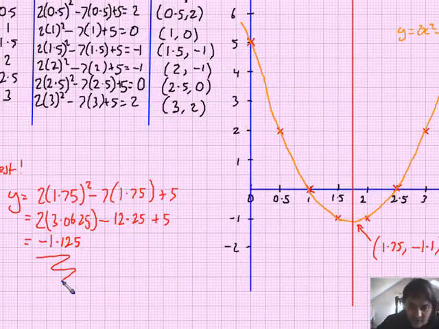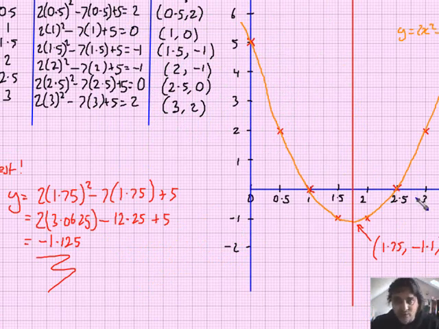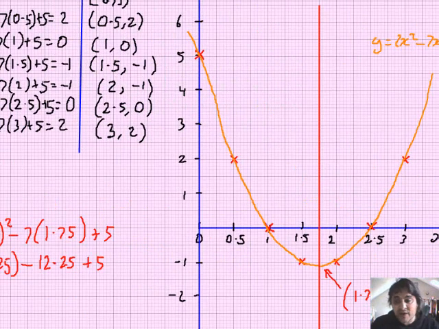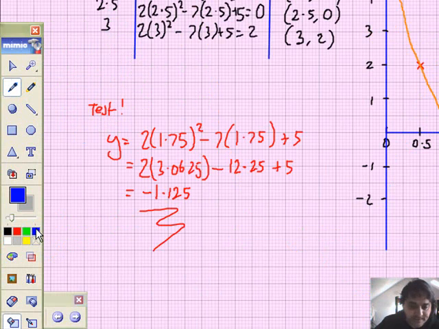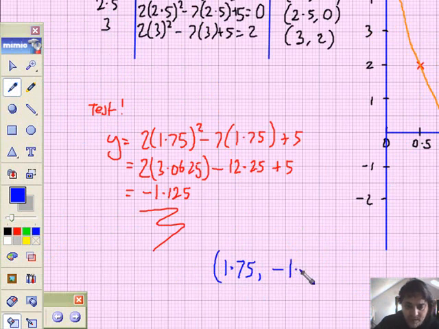Now really, on a graph like this, drawn freehand on the screen, even on paper, you can't read off honestly minus 1.125. I read it as minus 1.1, and that's pretty good, where 1 square is worth 0.1. You can't read it any finer than that on graph paper like this, so I'm very happy with that. So the question, find the coordinates of the minimum point. It's this, 1.75, the x value, comma, minus 1.125 on the y.